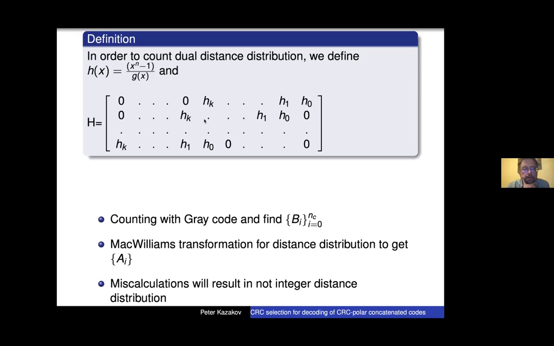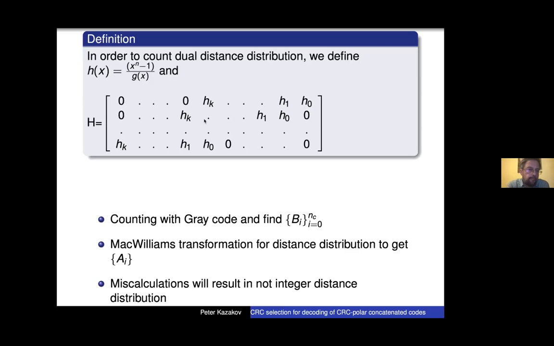If the code is shortened by one position, we cut one column. If it is shortened by more positions, we cut the corresponding number of columns. Then we get the matrix H, which is the matrix of the dual code.